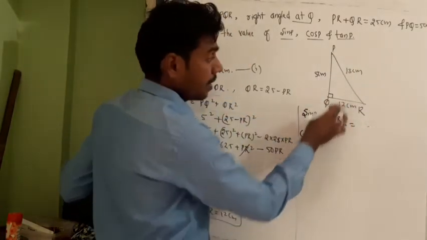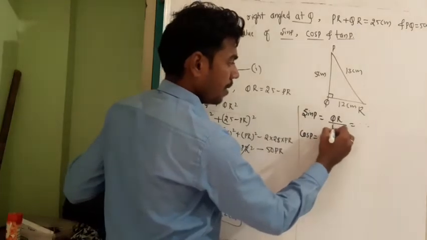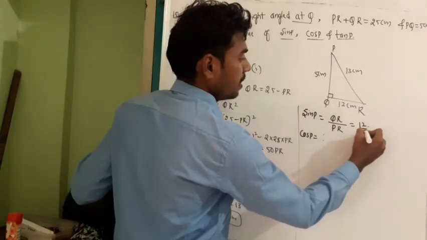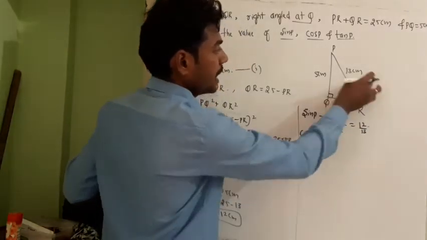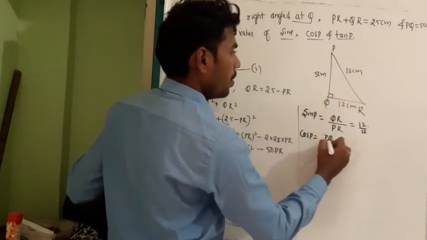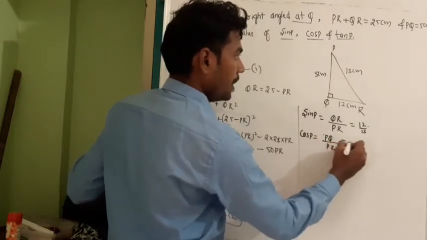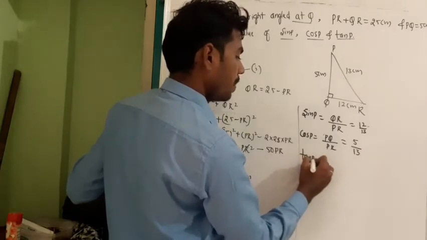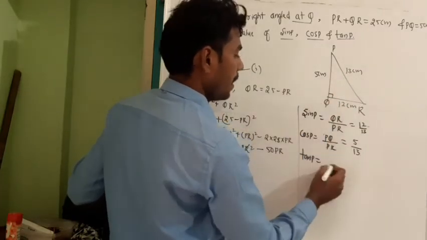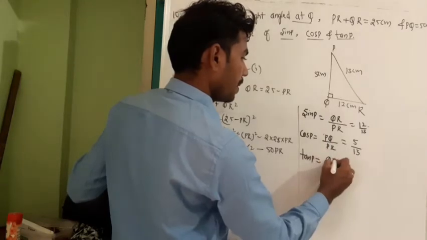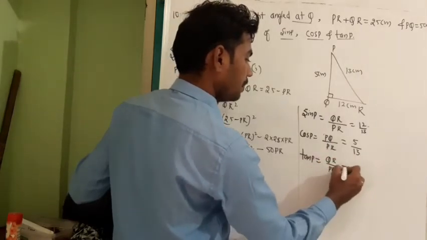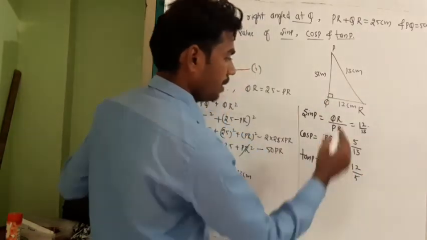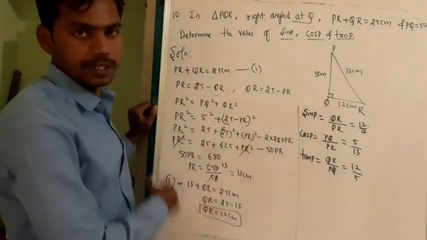Sin P is nothing but opposite by hypotenuse, that is QR by PR, that is 12 divided by 13. Cos P, adjacent by hypotenuse, that is PQ divided by PR. PQ is nothing but 5 divided by 13. Next, tan P, opposite by adjacent, that is QR divided by PQ. What is QR? 12 divided by PQ, 5. So this is the required answer. Please note this down.